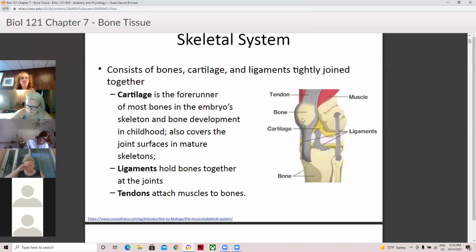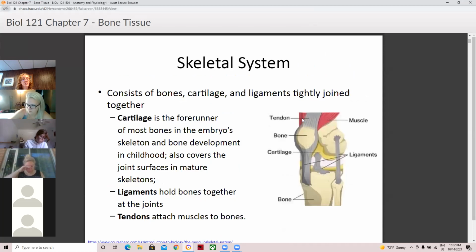So the skeletal system consists of bones, cartilage, and ligaments tightly joined together. Cartilage is the forerunner or the precursor of most bones in the embryo skeleton, and it's involved in bone development in childhood. It also covers the joint surfaces in the mature skeleton.